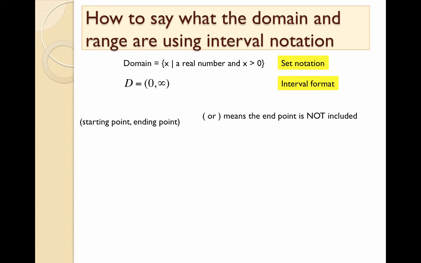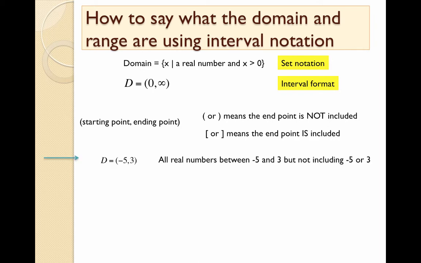At the other end, our endpoint is infinity, and by convention we always use an open parenthesis when we're talking about infinity. Now, what if our endpoint is included? Well, in that case, we would use a square bracket instead of a parenthesis.